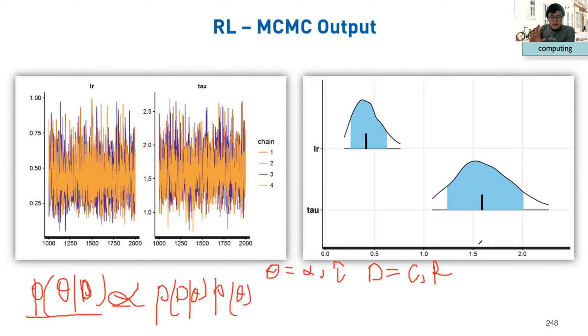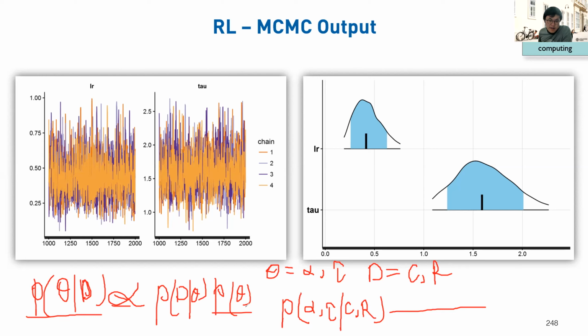So if we rewrite our posterior Bayesian equation, it now becomes like this. Our posterior is the posterior distribution of alpha and tau given the choice and the reward of the participants, okay? And this follows the rule, you can also write it down, but we can just get rid of it because this is rather easy.